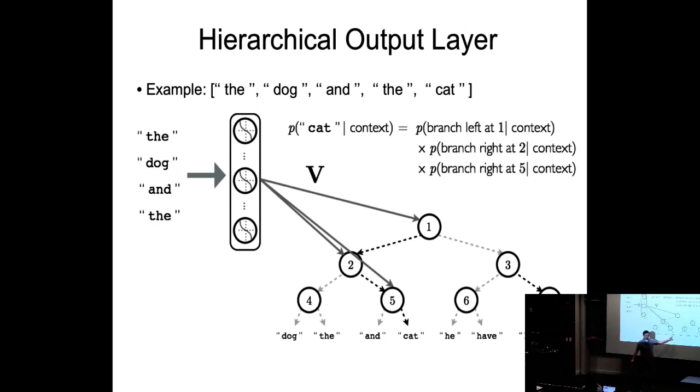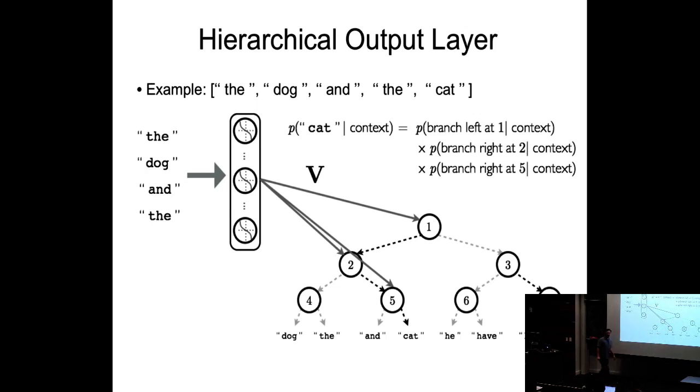That's just a sigmoid. Then what's the probability of the right branch? And then what's the probability of the right branch? So the probability of the word cat is this probability times this probability times this probability.